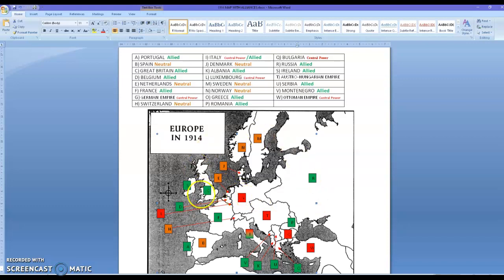Okay, so now we've got the alliances, and you've got two huge central blocks. So you've got this one here. Luxembourg is part of it, but they're kind of tiny. So you've got this huge block here called the Central Alliance, or pardon me, the Triple Alliance. And then on this side, you've got this massive area of Russia.